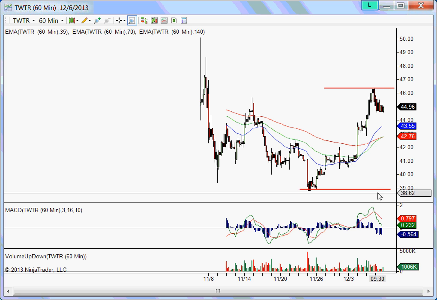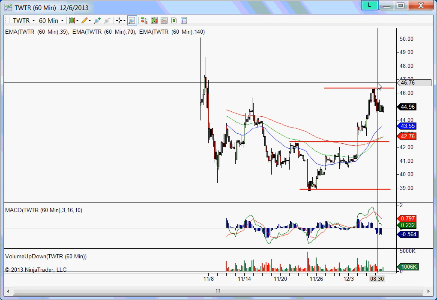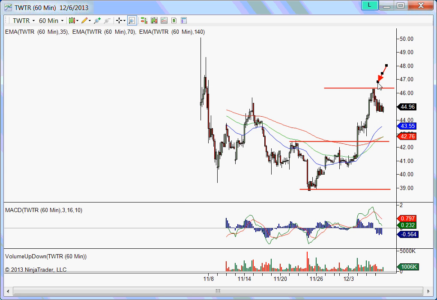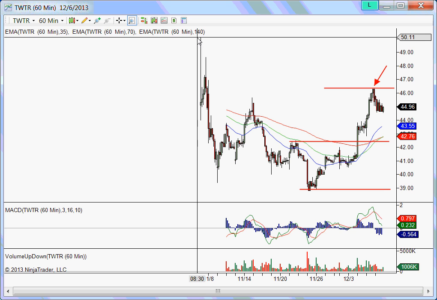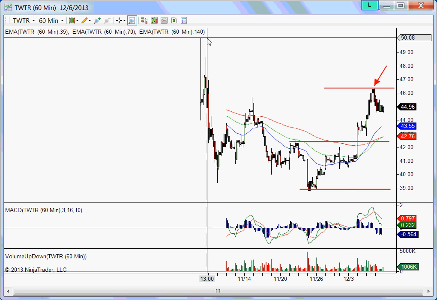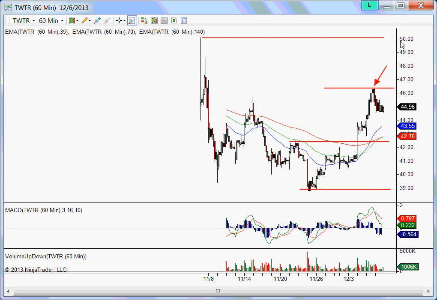So right now we're targeting somewhere around this break here. If we could get a break on this right here, then we might be able to see if we could come back up and play that IPO high up at that 50 level. And so essentially that's what we are trying to take a look at right now.